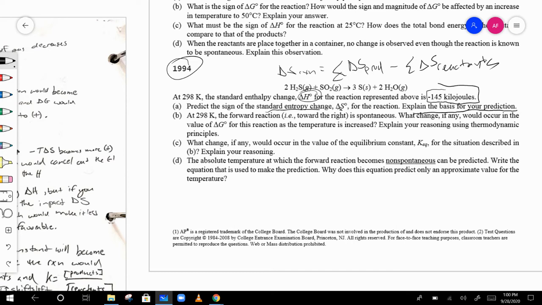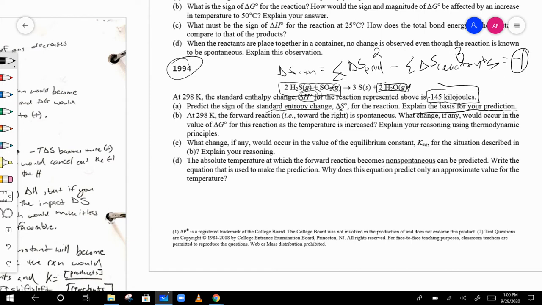So the products here, let's just say, have a general entropy of 2, because it has 2 moles of gas. Now this is not exact, just an estimate. And the reactants have an entropy of 3. So 2 minus 3 is negative 1.